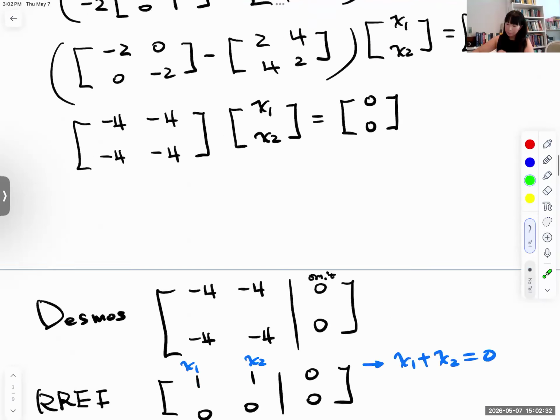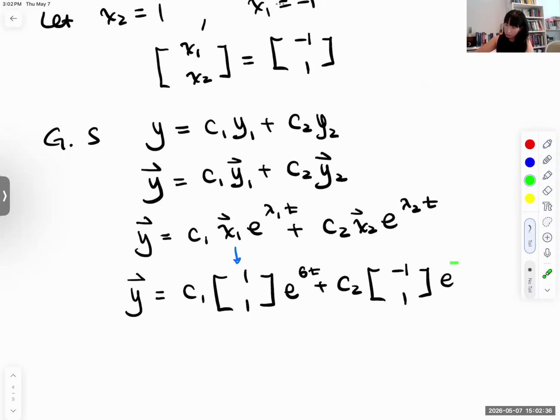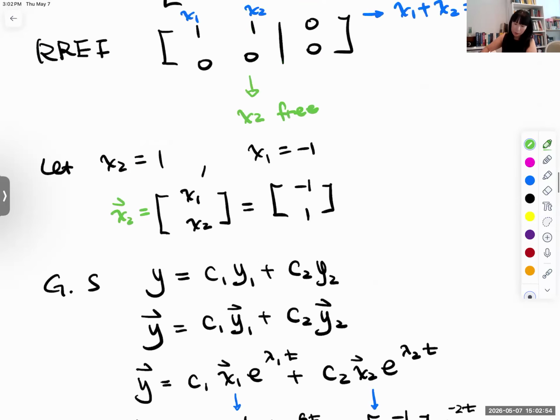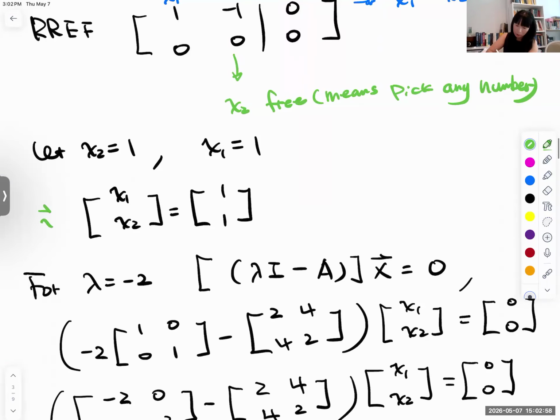Yes? Okay, so -2t, right? So just notation: this is the vector x of 2, and this is the vector x of 1. Just notation, right?